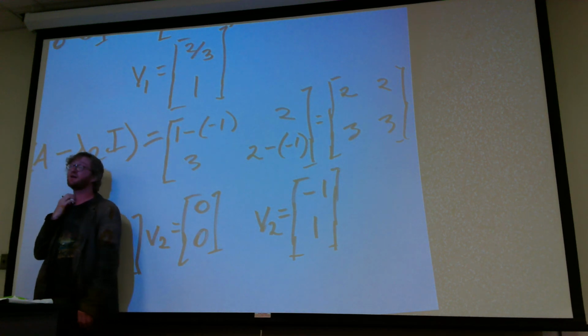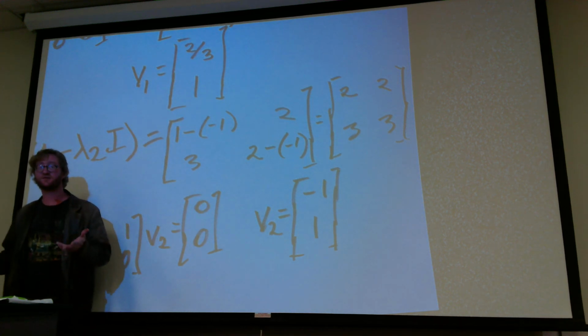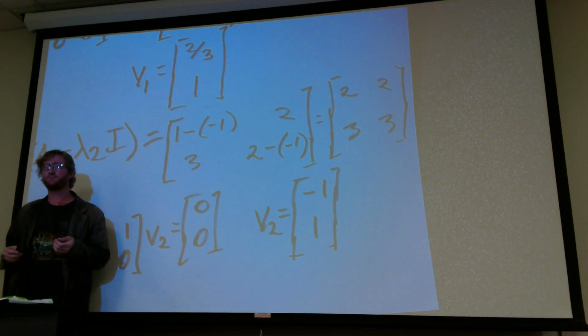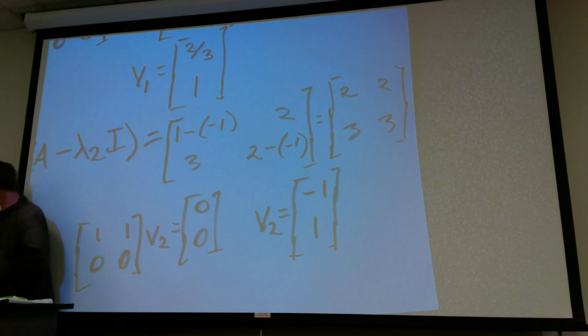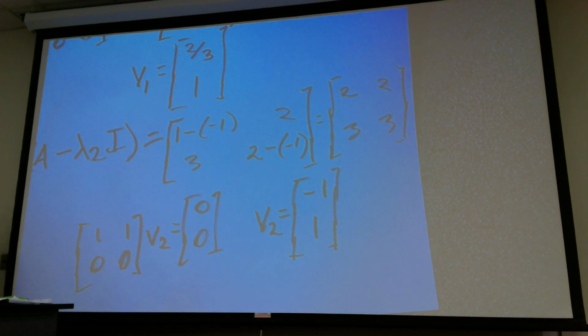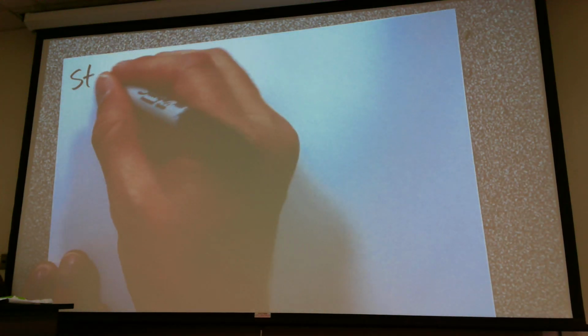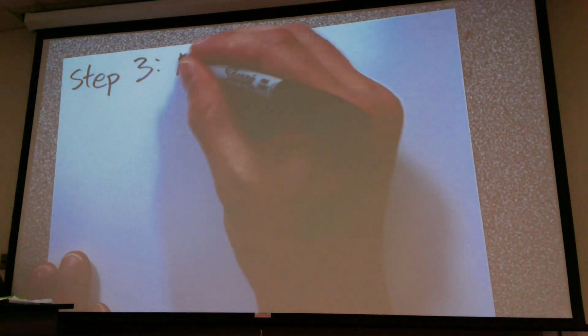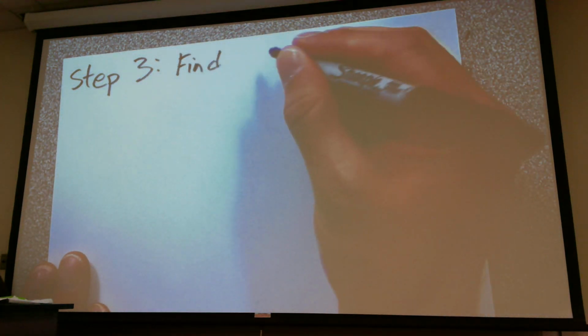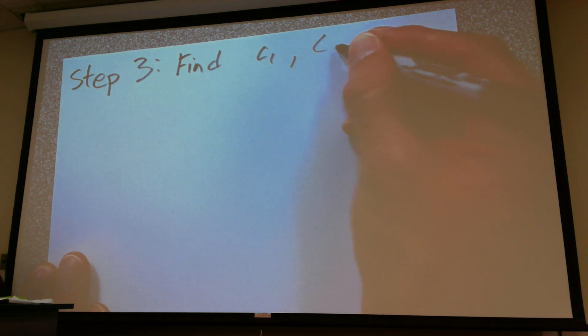Okay. Now that I've found my eigenvalues and my eigenvectors, I can look for the constants that are associated with the initial conditions of the problem. Okay. So step 3. We're going to find C1 and C2.